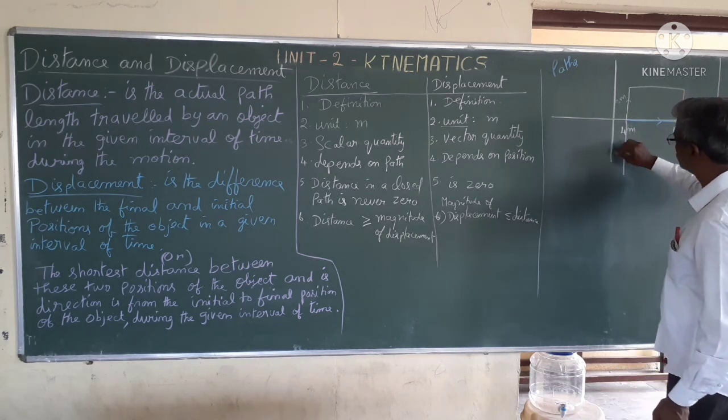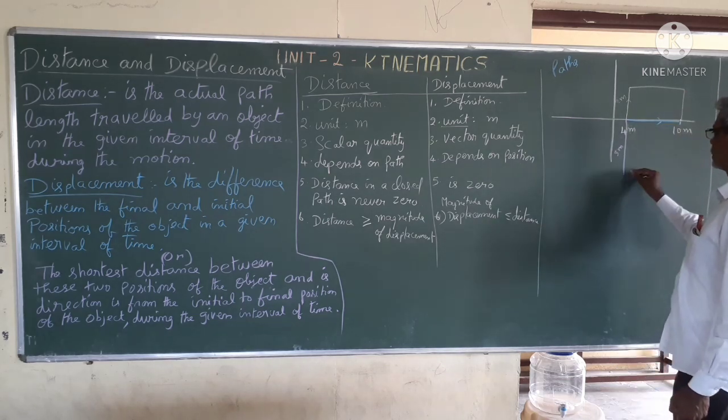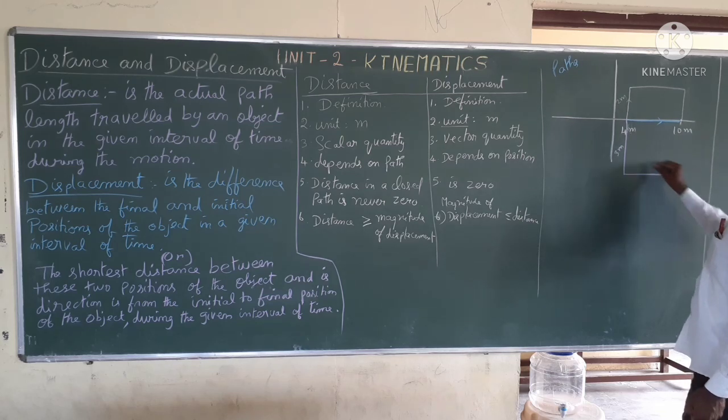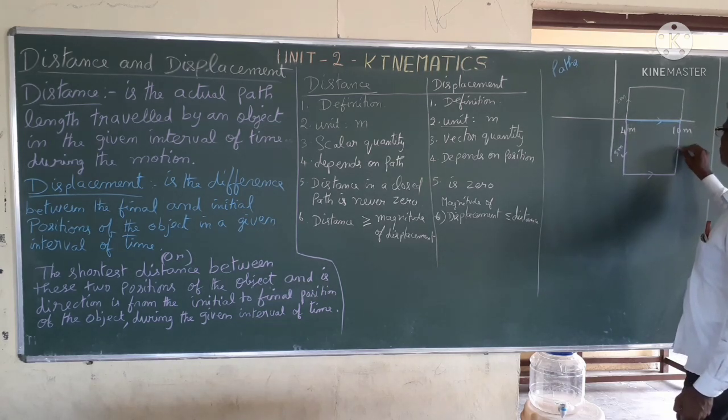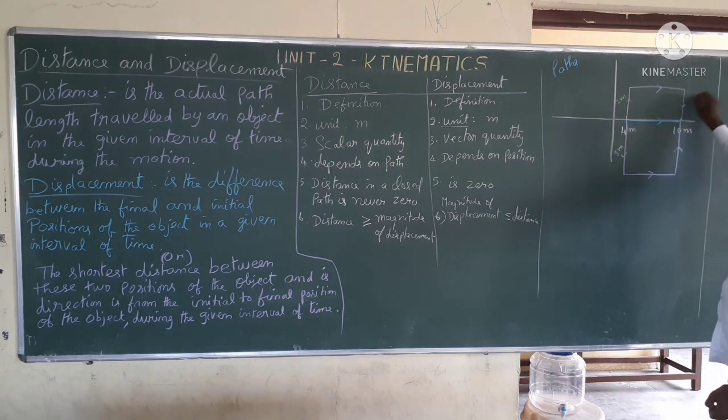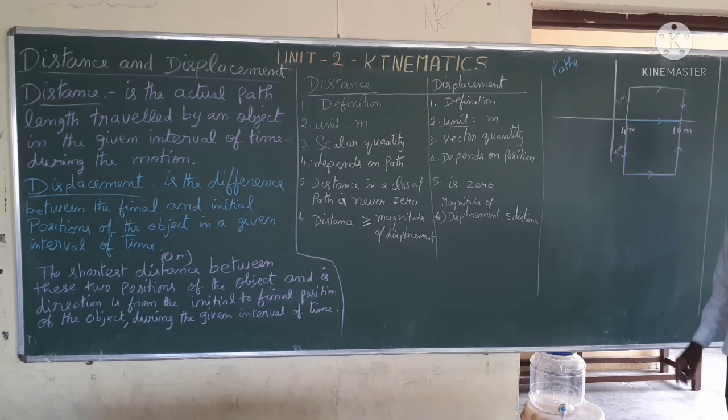The third path: I have moved 3 meters, then I covered this, and moved in this direction. Then I reach the final position. So there are 3 ways to go to the final position. Understood?